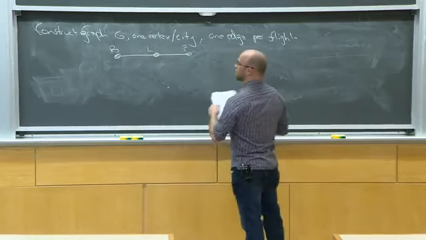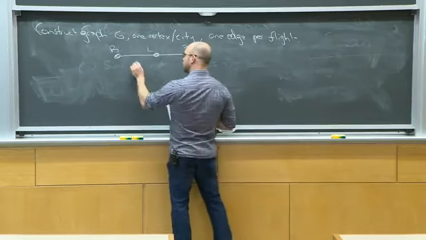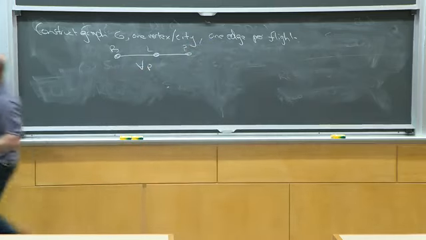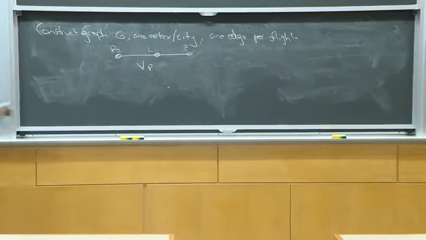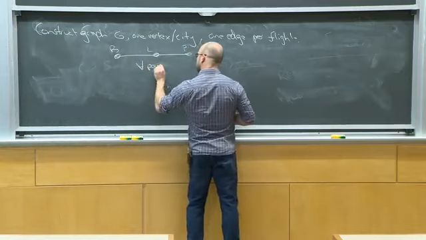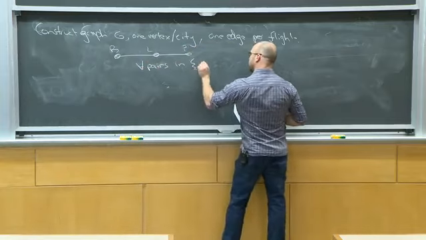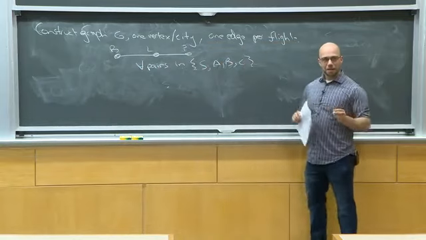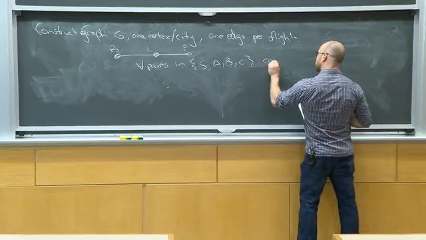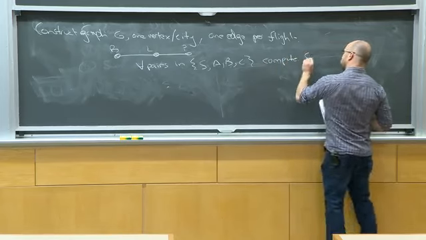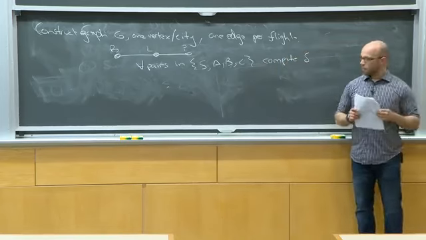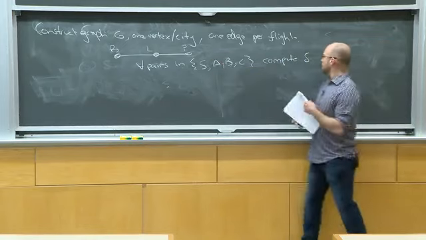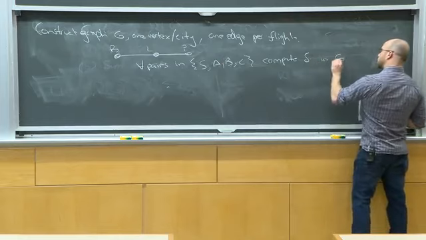Well, for every pair of cities in the set of the source city and the 3 cities you want to visit, I'm going to compute the length of the shortest path. This is the minimum number of connections I need to get from any one of these to any other one in my graph G.